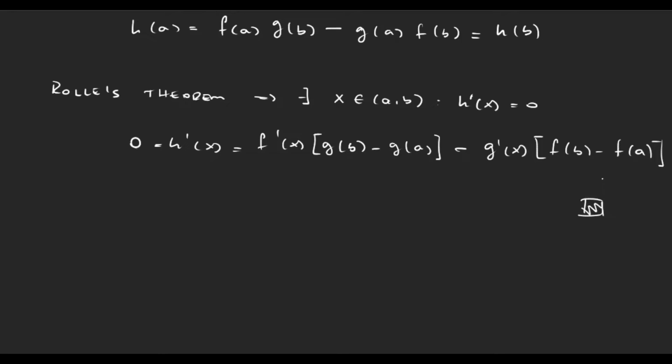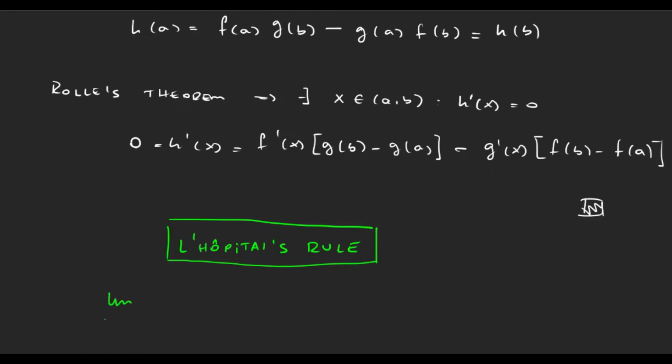Okay, so now comes the most important moment in this video. We're gonna use Cauchy's mean value theorem to prove a very, very important rule called L'Hopital's rule. And we're going to use this rule to calculate limits when x tends to some number a of quotients of functions in the particular case where f and g both tend to 0 when x tends to a.